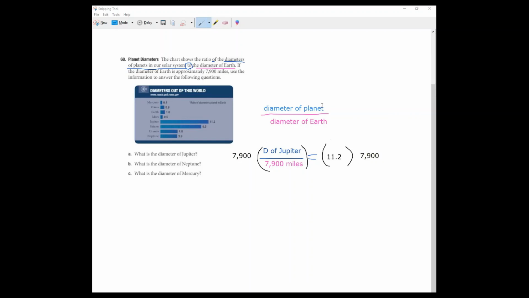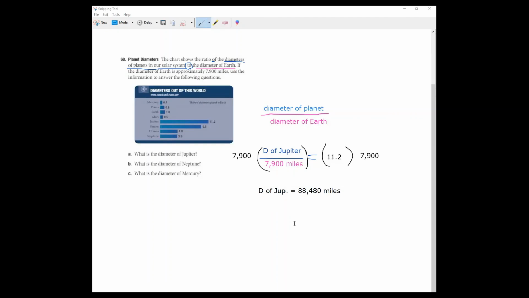This is definitely a case where it is time to pull out the calculator. I do not want anyone to worry about trying to multiply big numbers in your head. Just grab a calculator. So I'm looking at 11.2 times 7,900, and I get an answer of diameter of Jupiter is about 88,480 miles.